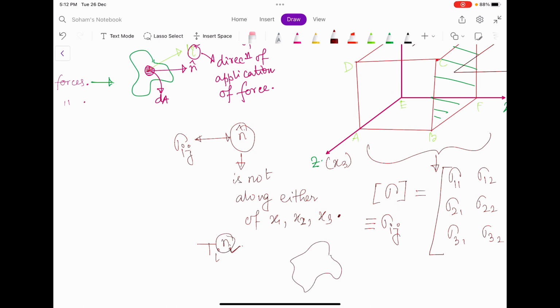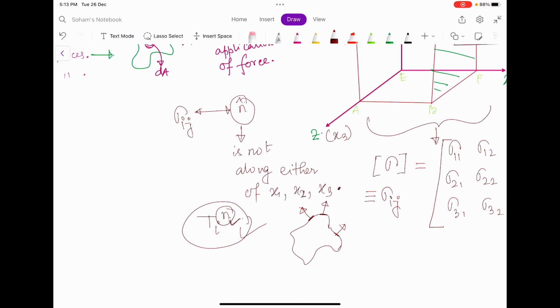If this is a body, this part has a unit normal along this direction, this part along another, so there are various unit normals. Then we have infinite directions, and along with that infinite traction vectors, so our number of unknowns is increasing.